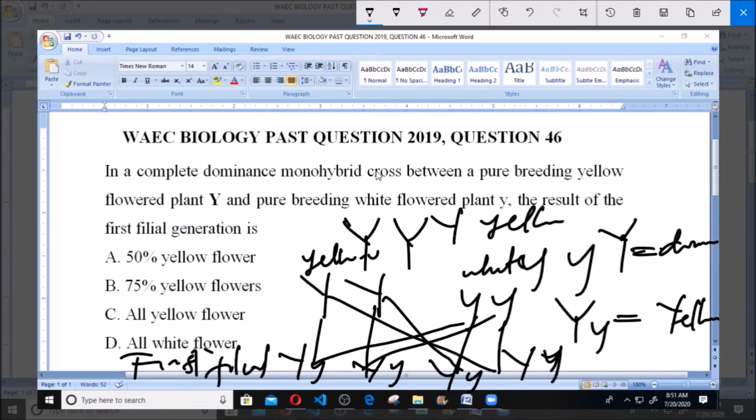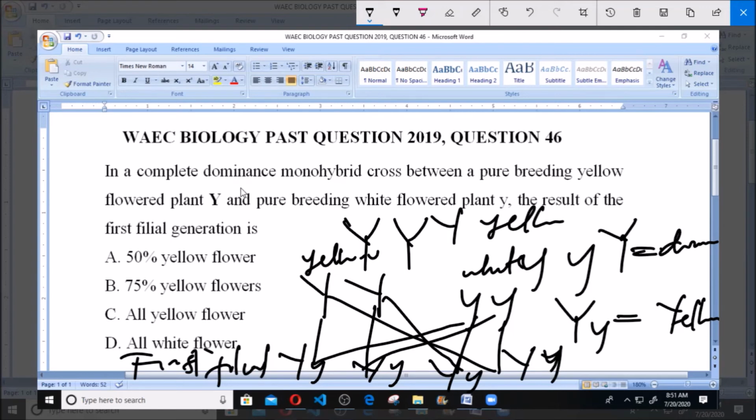Now anytime you have two alleles joined together, that's genetic makeup from two different organisms joined together, the dominant trait will always show itself, while the recessive trait will not show itself. It will be hidden, but it might show itself in another generation.